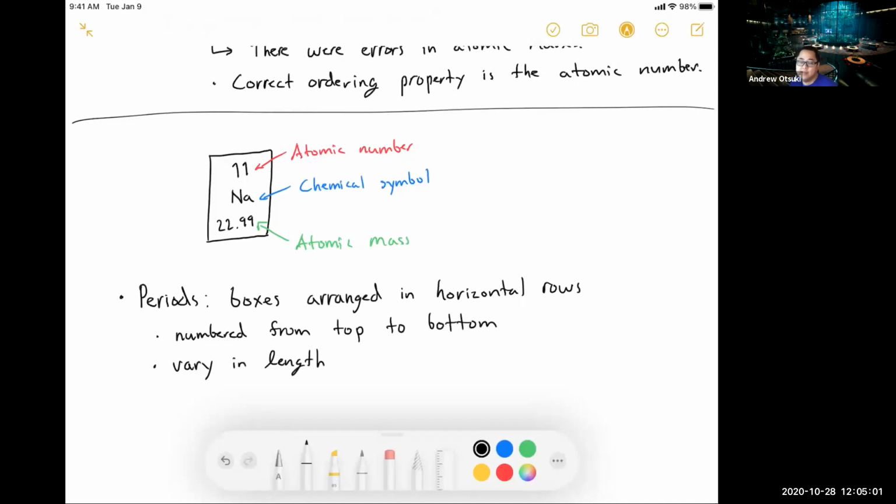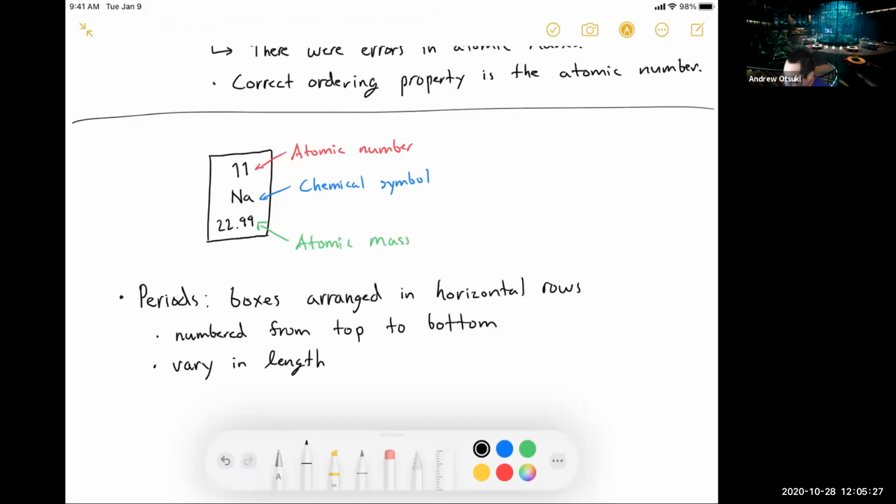For example, the first period only has the hydrogen and helium elements, so it only has two elements in there. As you go down the periodic table, the rows will definitely vary, and they are based on the atomic number and the certain properties that each vertical column represents.